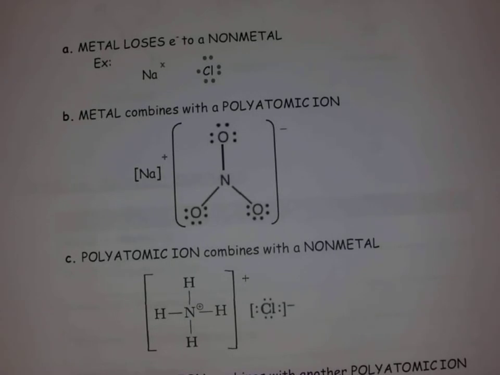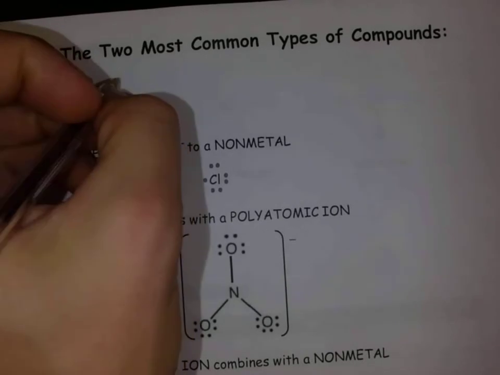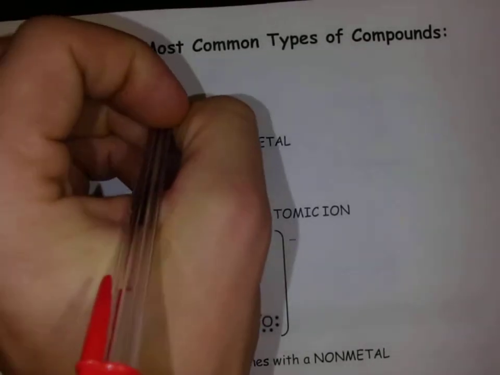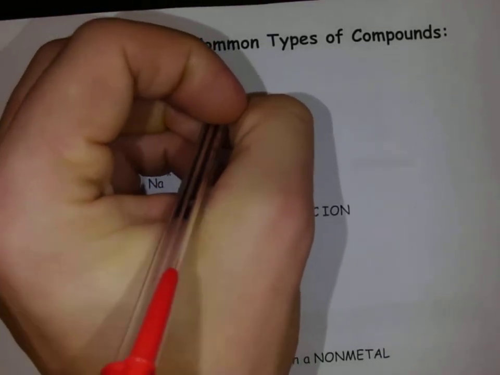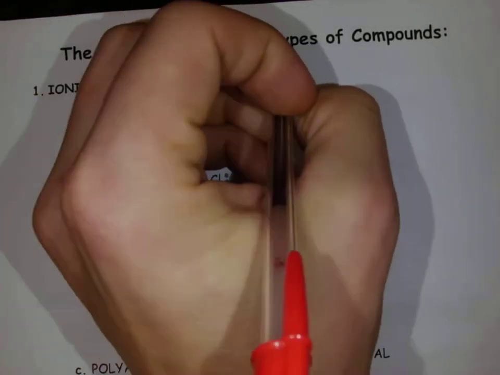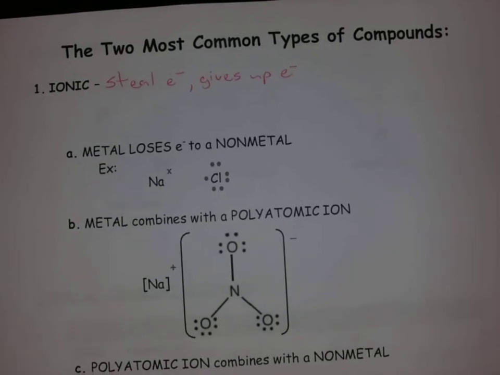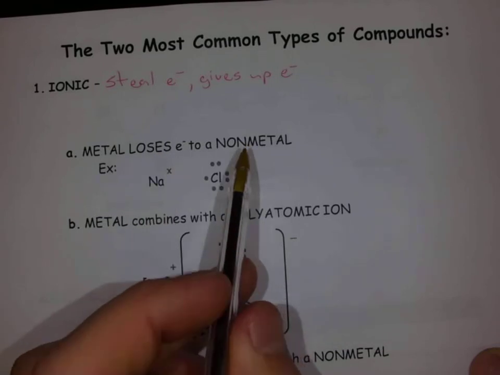So, our ionic compounds, there we go, right? Ionic compounds, they have one element that is going to steal an electron and one element that gives up that electron, okay? So we have a few different types, but our easiest type is when a metal loses an electron to a nonmetal.